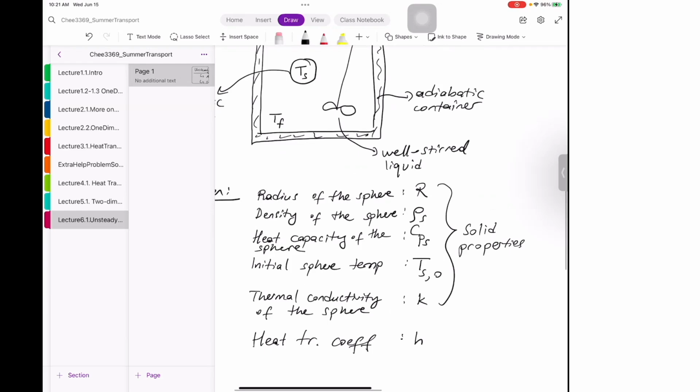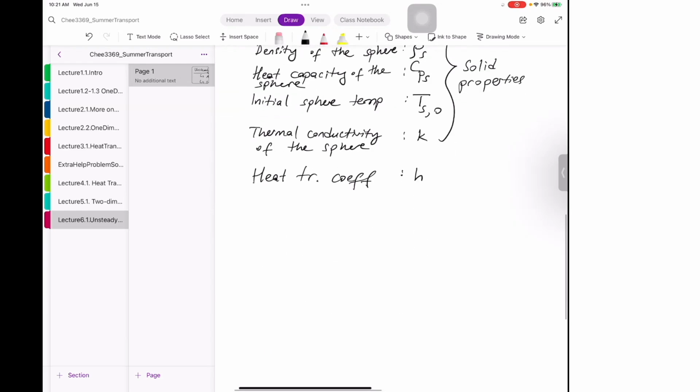Okay. Volume of the fluid. Let's call it Vf. Density of the fluid. Let's call it rho f.